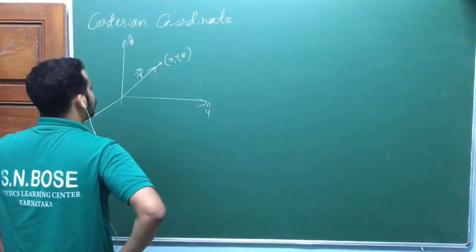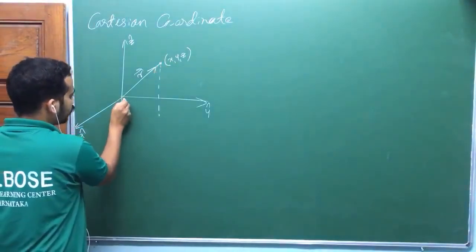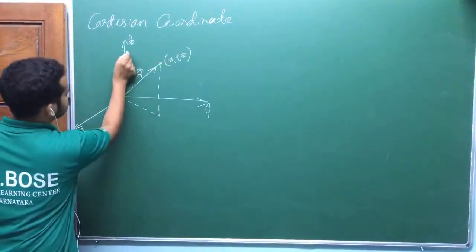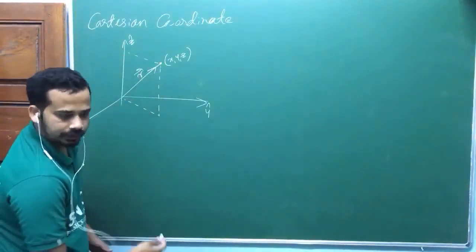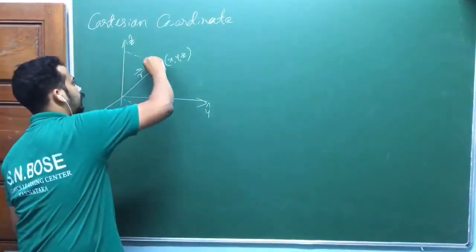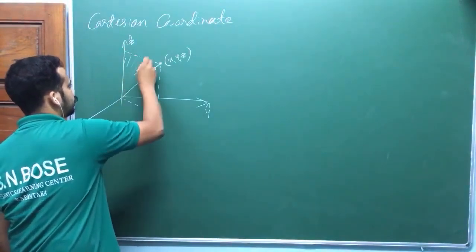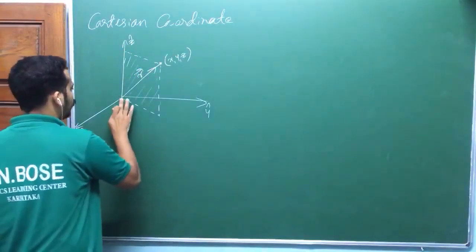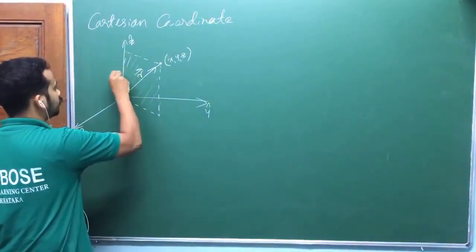Now look at here. So now what you do here, you are going to take projection on the xy plane, isn't it? Can you imagine this one? Kind of a door, as I told earlier. You have to imagine this whole thing like a door. So this is z actually.